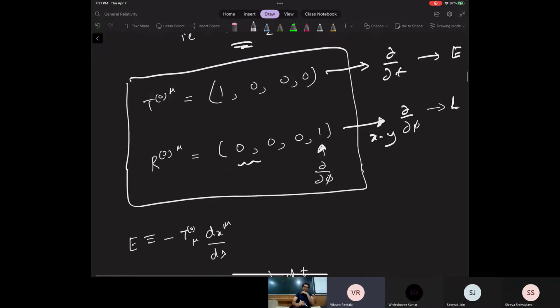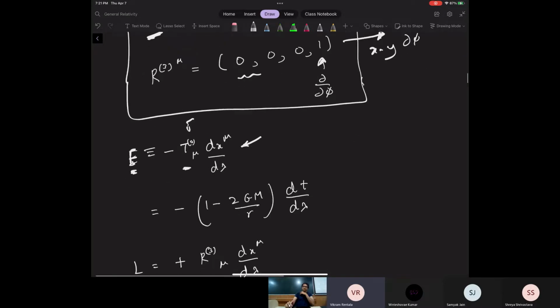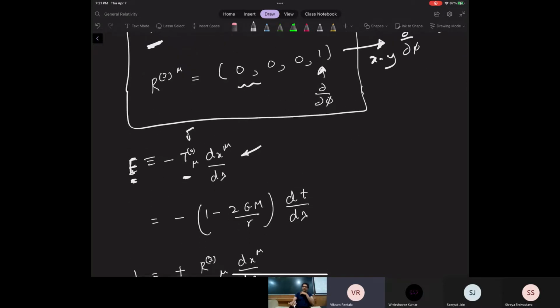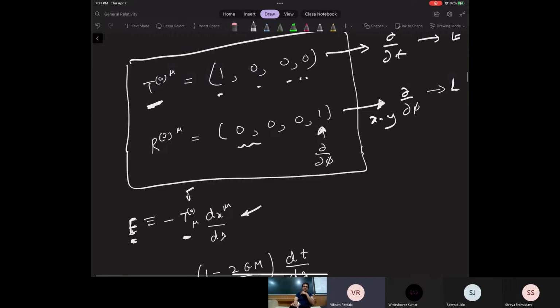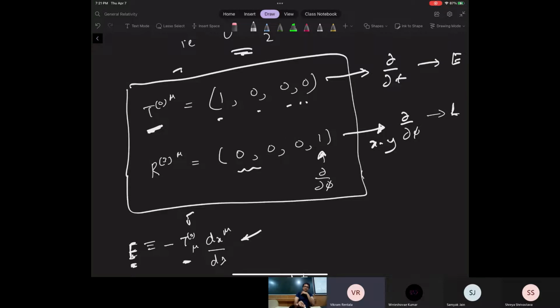So we define something which we call E, and we define it as minus T0 mu, where T0 mu is this Killing vector, times dx mu d lambda, where dx mu d lambda are the components of the tangent vector. In components, this is just 1, 0, 0, 0. Now remember that this is 1, 0, 0, 0 if I have an upper index.